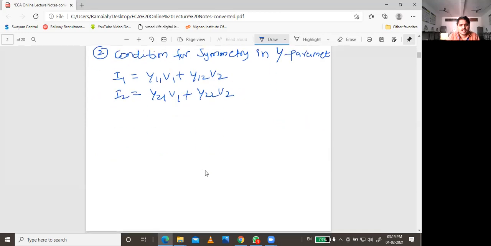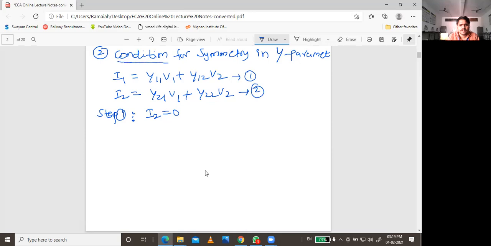Now what is step 1? The steps are the same. Step 1 is I2 equal to 0, that means port 2 is open circuit. Let us say this is equation 1, equation 2.